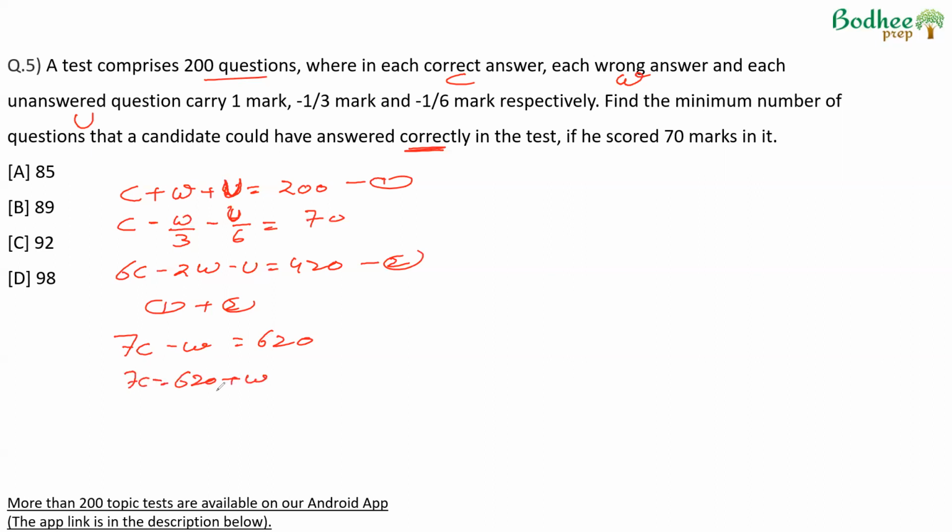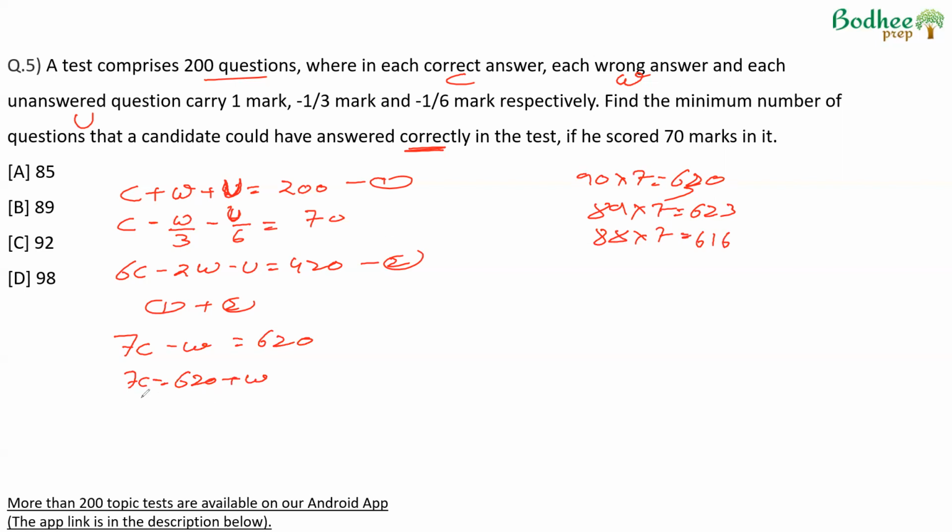So we look at the multiple of 7 which is closest to 620. 90 into 7 is 630, and therefore 89 into 7 will be 623. 88 will be less than this, 616.